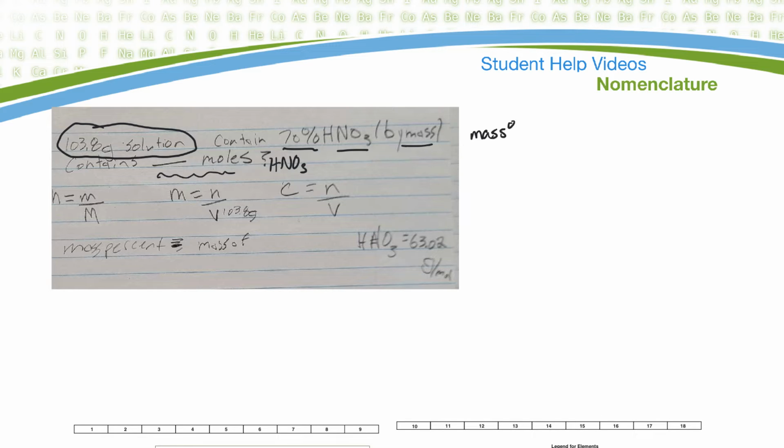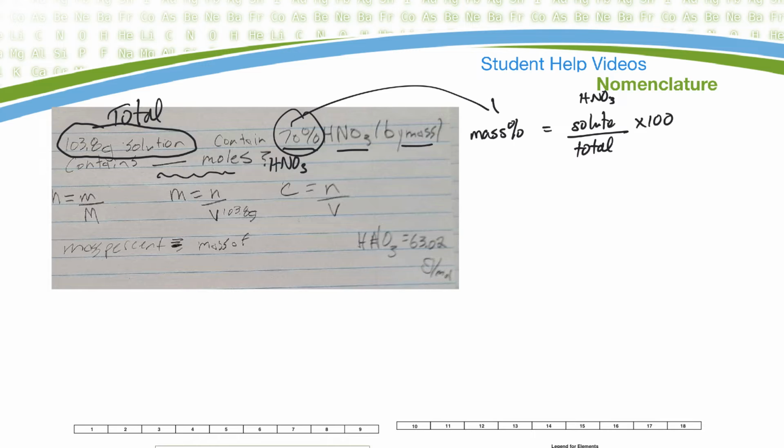Mass percent is equal to the solute mass, which in this case will be HNO3, divided by the total mass of the solution times 100. Okay, so this I imagine is my total, and there's my mass percent, so I can solve for this one.